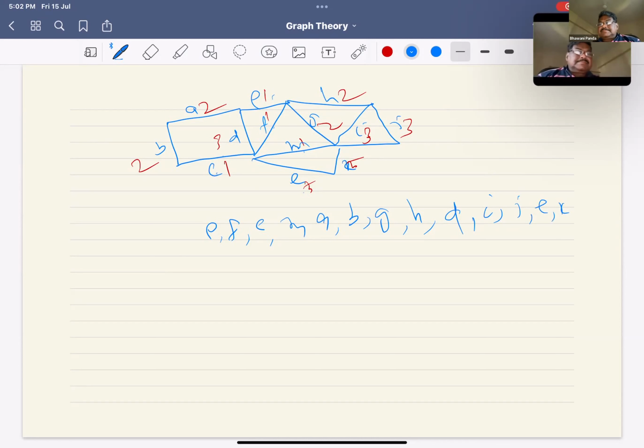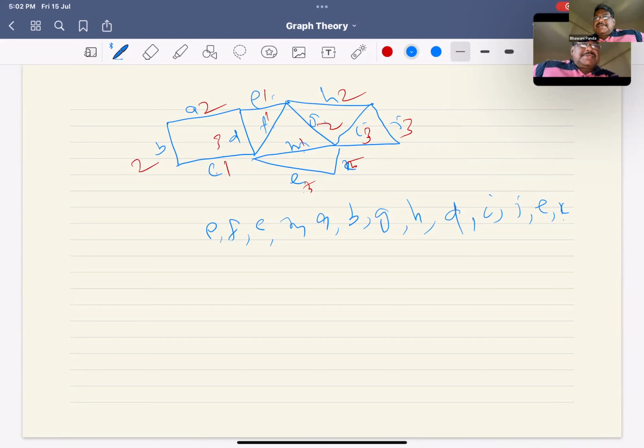I think you are not counting one edge. Which edge? The last one, maybe, you are writing from the right side. The K edge is there, no? This is K. See, the K before K is incident to some triangle, right?